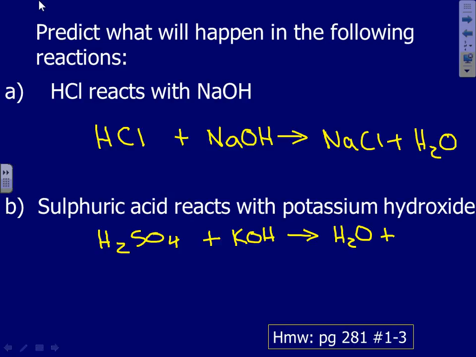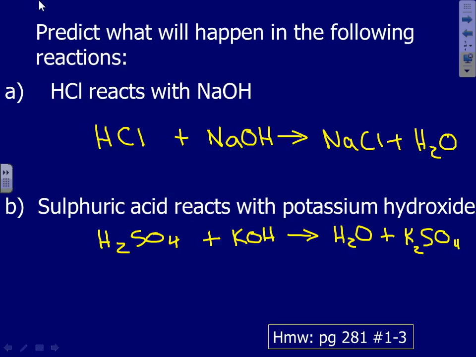Thomas, what do you got? K, SO4. Now, if we had our periodic tables, we would check and see that the SO4 is a -2, so we actually would need a 2 right there. Okay, because it's got a 2 and a 1. We'd have to cross that over.